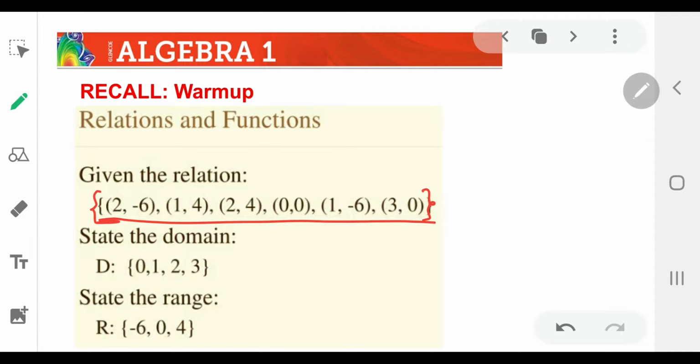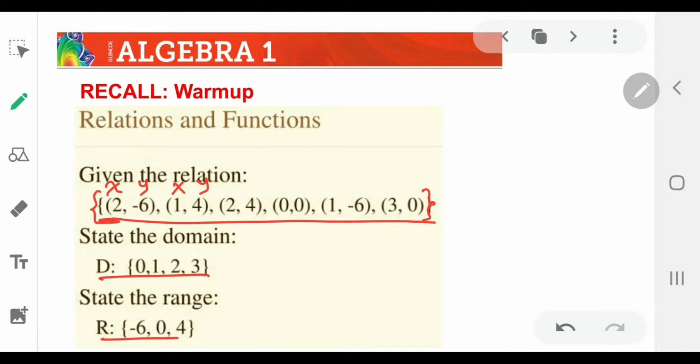And it contains ordered pairs between the two curly brackets. Each ordered pair has an x value or x coordinate and a y coordinate. All the x's are called the domain, while all the y's are called the range.